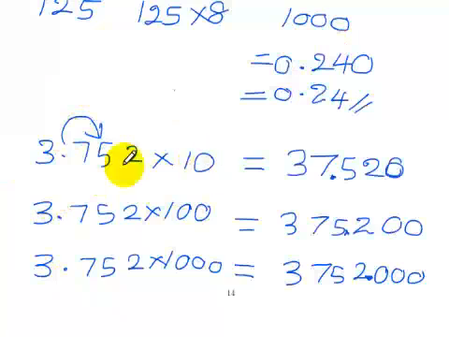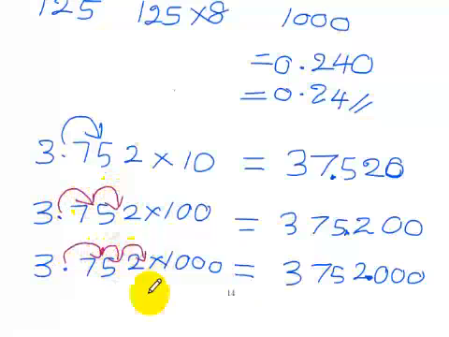Since there is only one zero, only one decimal place. Here this decimal moves two places since I multiply it by 100. The answer is 375.2. Here it shifted 3 decimal places to the right hand side since I multiply by 1000.